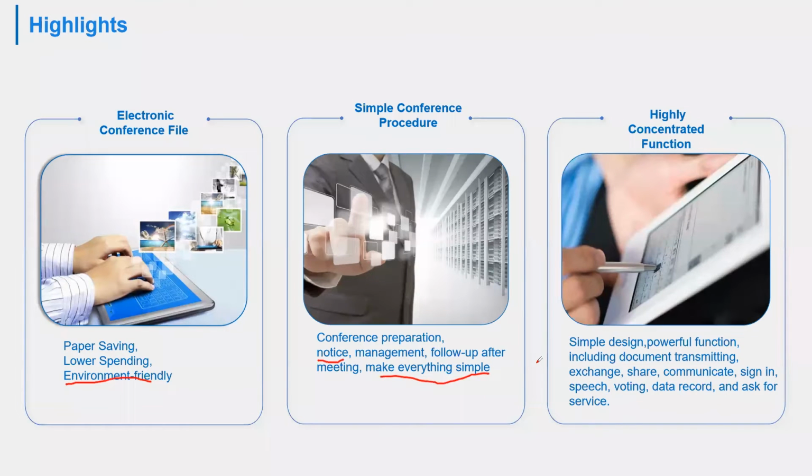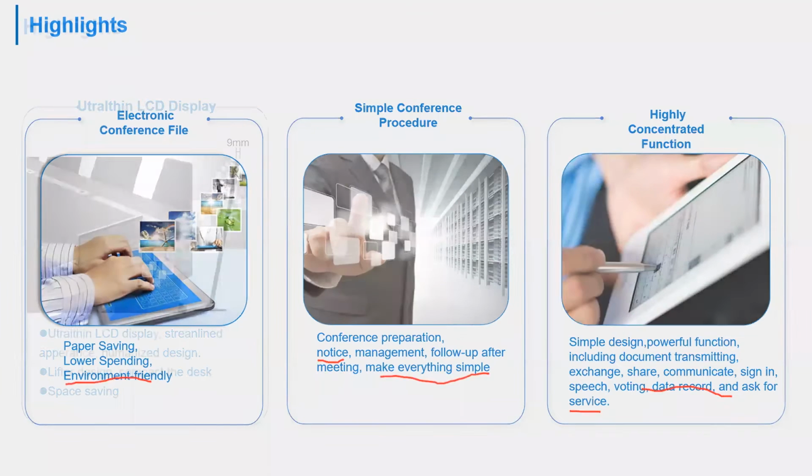It also has highly concentrated functions with simple design and powerful features, including document sharing, transmitting, exchange, communication, signing, speech, voting, data recording, and requesting service, and some other functions as well.